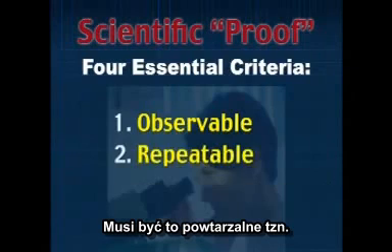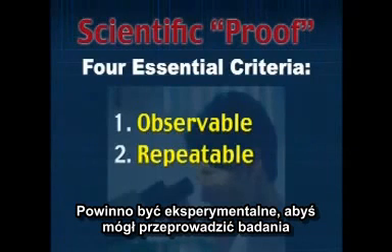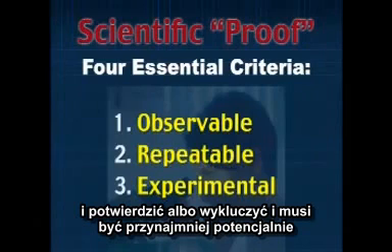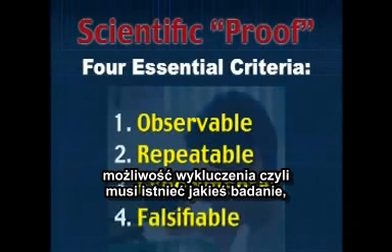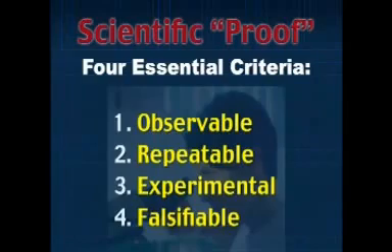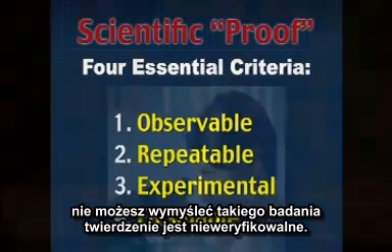It's got to be repeatable so that you see it and somebody else can see the same thing. It should be experimental so that you can perform tests to see if it's verified or falsified, and it must be at least potentially falsifiable. There must be some kind of a test so that if this happens, it's not so, and if you can't come up with a test like that, it's not testable or falsifiable.